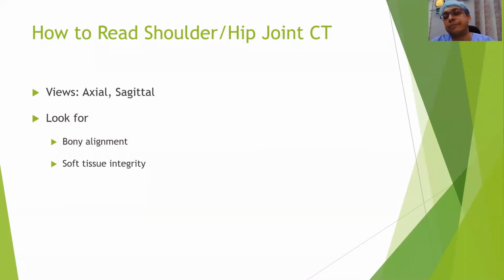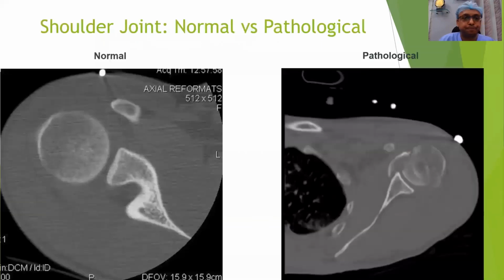The radiologist will introduce the dye, and you can assess and evaluate the soft tissues in and around the shoulder joint, and that is exactly the same for the hip joint also.